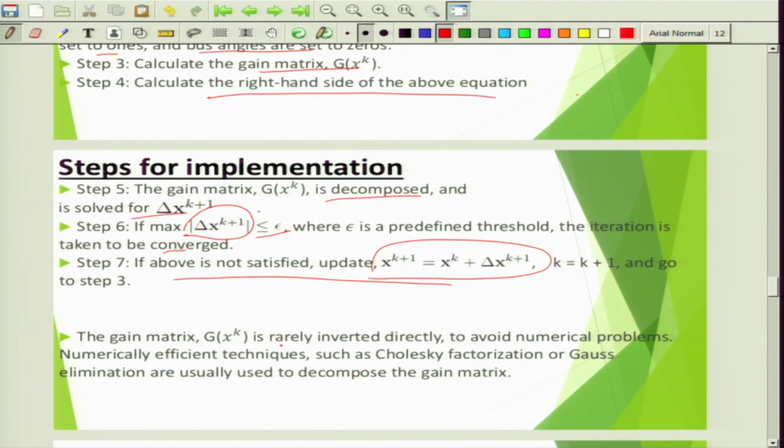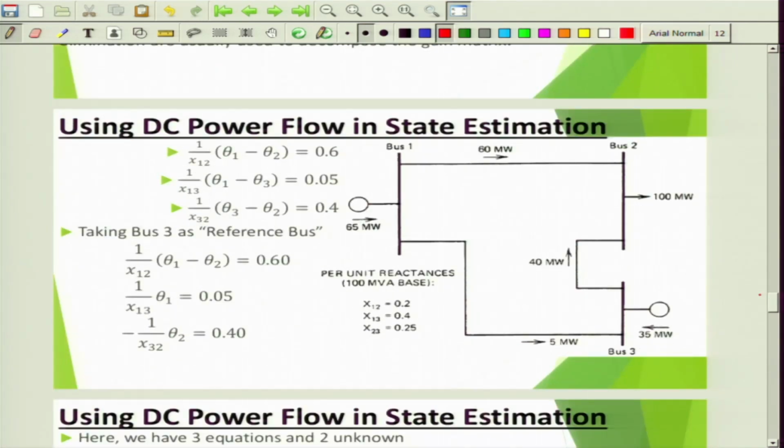The gain matrix G of x_k is rarely inverted directly, to avoid numerical problems. Numerically efficient techniques such as Cholesky factorization or Gauss elimination are usually used to decompose the gain matrix. One example you can see here is a DC power flow, where impedances and phase angles are given.